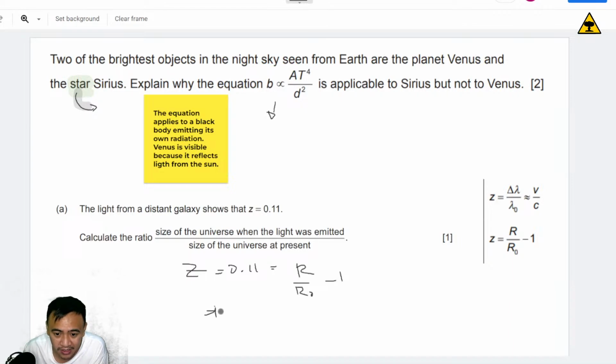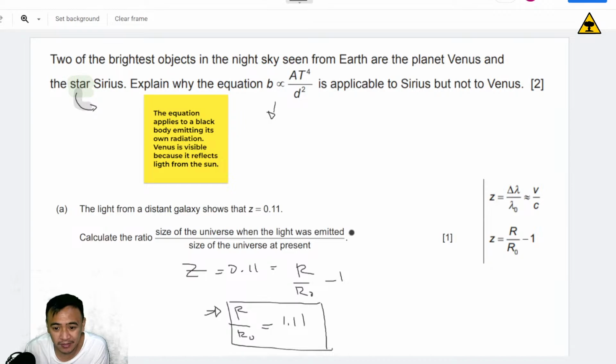So this means that R over R0 should be equal to 1.11, right? Now, what's going to be bigger between these two? Present, right? Wait, which one is bigger? So this will be R. This will be R0.